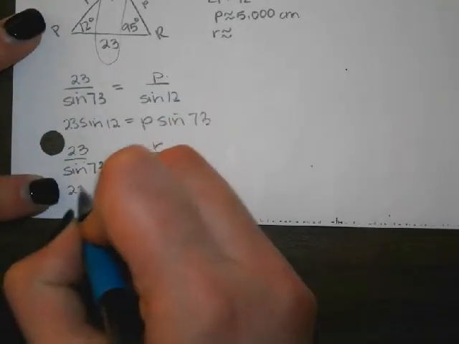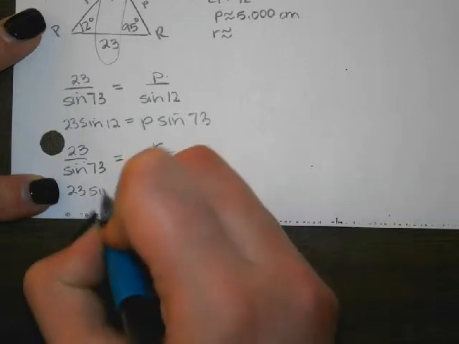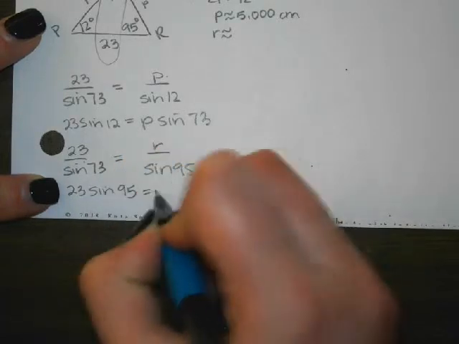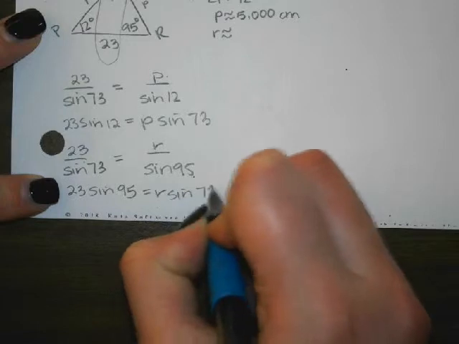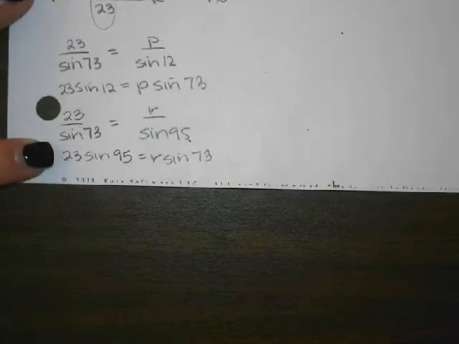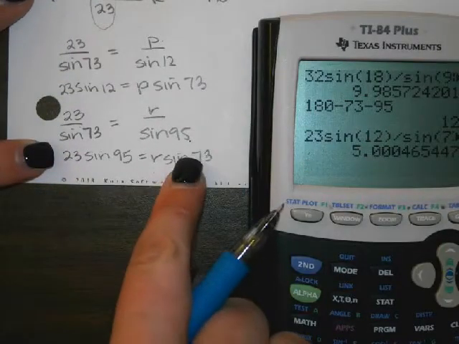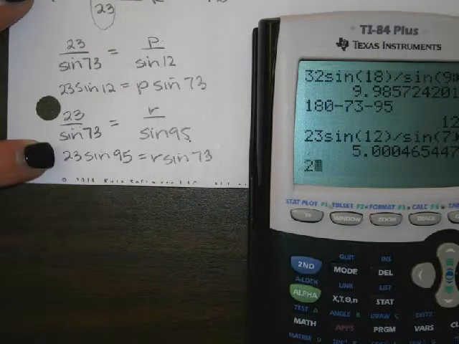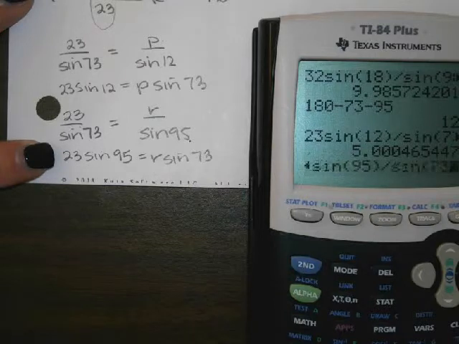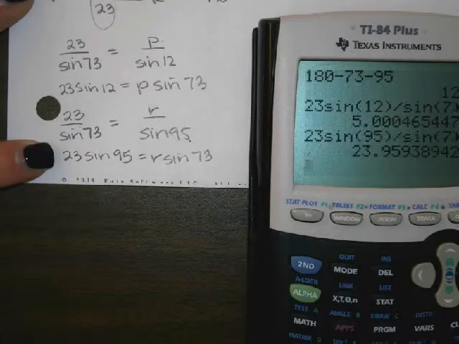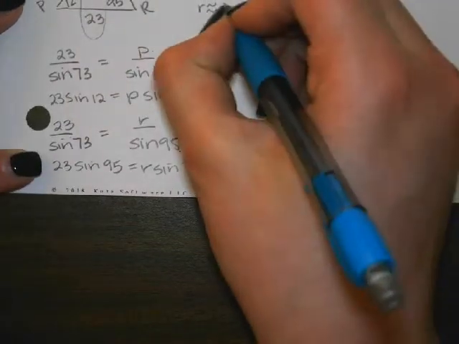Okay, what do I do for the other one? Cross multiply. So 23 sine 95 equals R times sine of 73. And then I'll do the same thing I did before. I'm going to divide that sine 73 over to the other side. So 23.959.